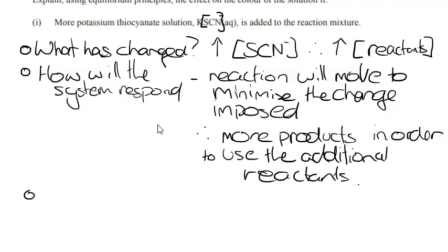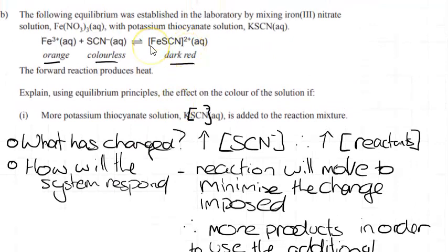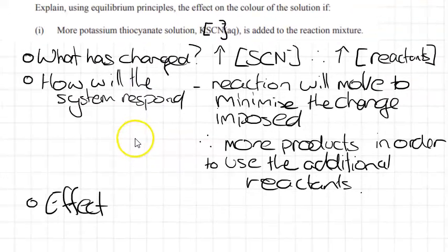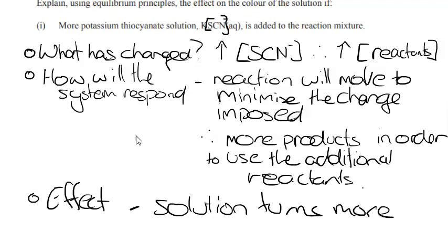And so what will be the effect of this? Well, if we look back at the equilibrium reaction, we have increased the amount of this. So we've created more products in order to use up the thiocyanate ions. So the result will be that the solution turns more red. So that's all we would need to write there.